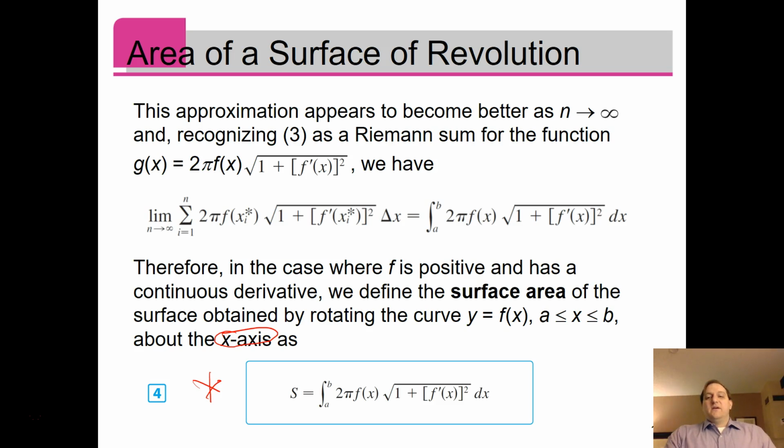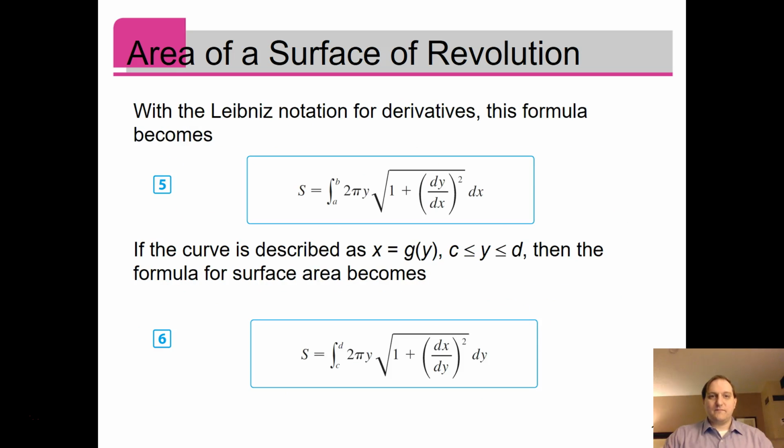Now, if our function is defined in terms of y instead of x, so we have x as a function of y, basically the same thing works. Here we have Leibniz notation, which is just a different notation. If the curve is described as x equals g of y, then the limits change, because now we're integrating dy.